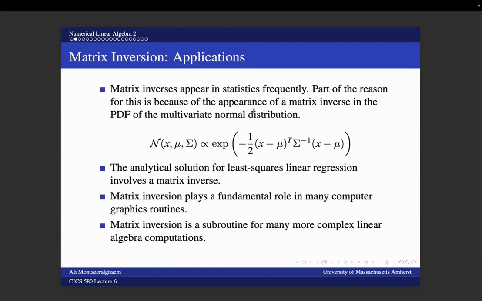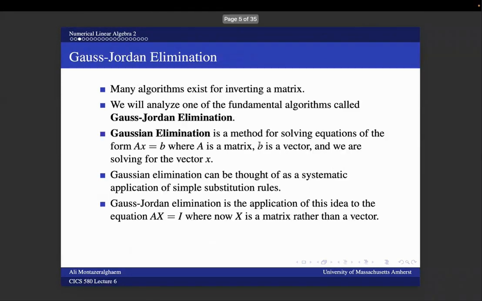In this lecture, we want to introduce an algorithm for computing matrix inversion. The algorithm that we want to talk about is Gauss-Jordan Elimination. And this is a fundamental algorithm.